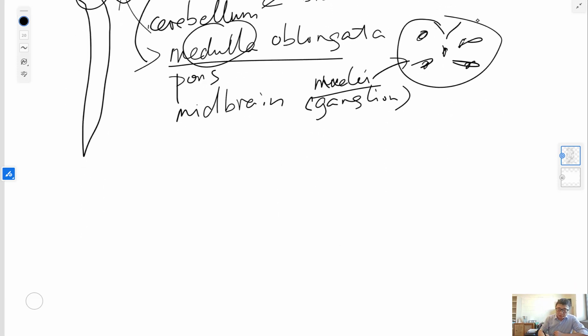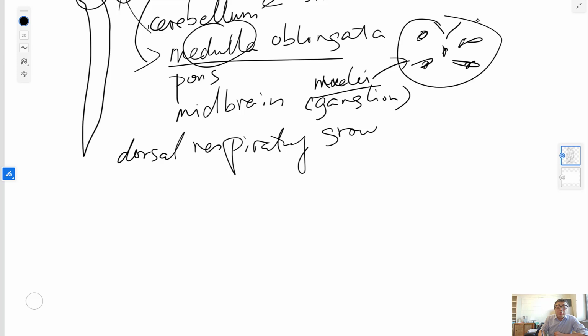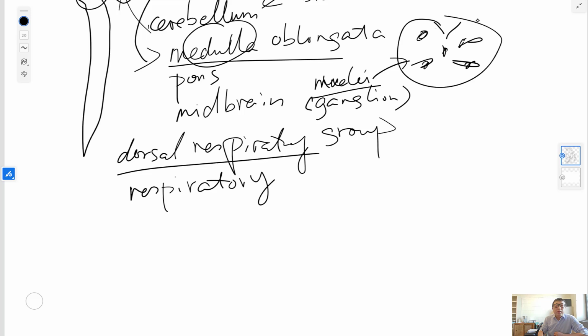For example, in the autonomic nervous system, we mentioned the dorsal respiratory group. This is a nucleus in the medulla oblongata, or just the medulla. And this is also part of a bigger center called the respiratory control center.